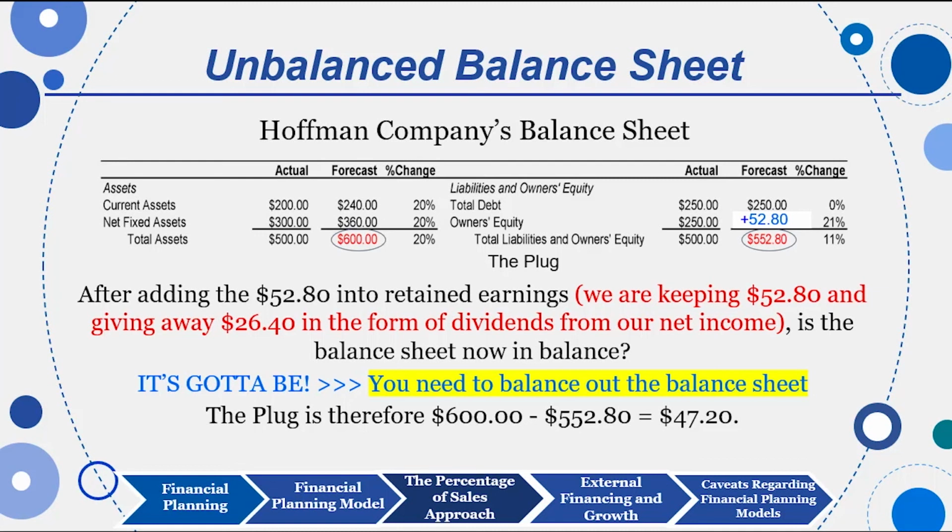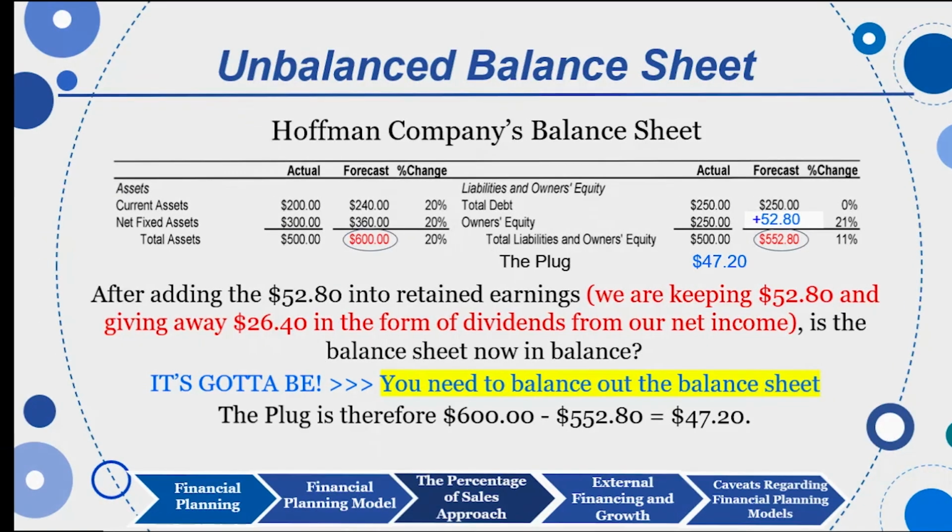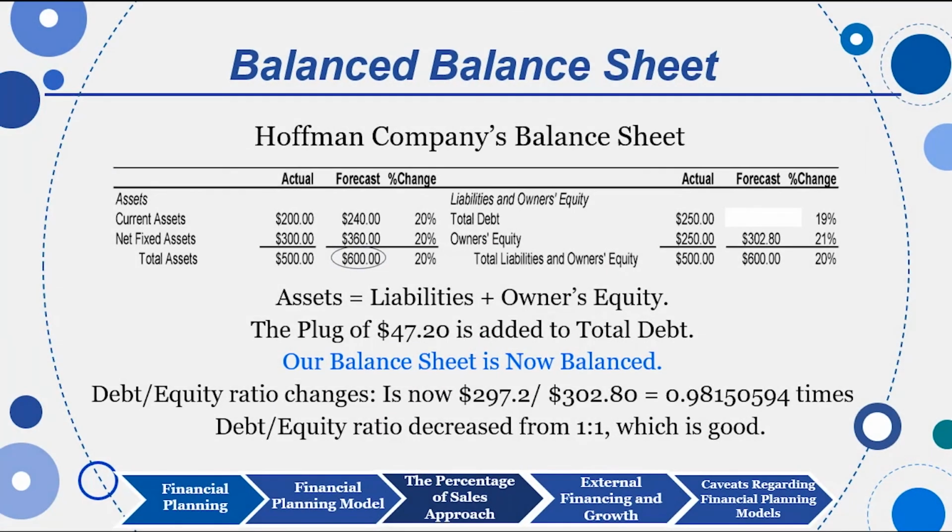Total debt didn't change, total equity didn't change, but I did have to add in that 52.8 of money we're keeping, plowback, out of our net income. So with that unbalanced, I still need to add an additional $47.2 million to get both sides of the balance sheet to read $600 million. And that's what I would do. And then you have to take action on that. You have to go to the banks or go to the financial district and secure $47.2 million in debt.